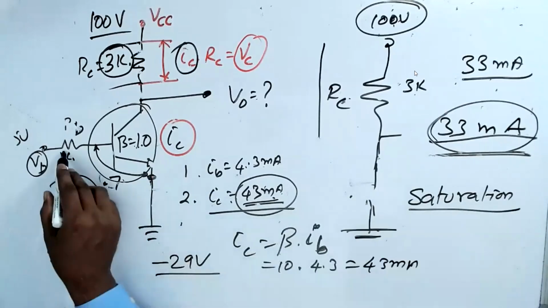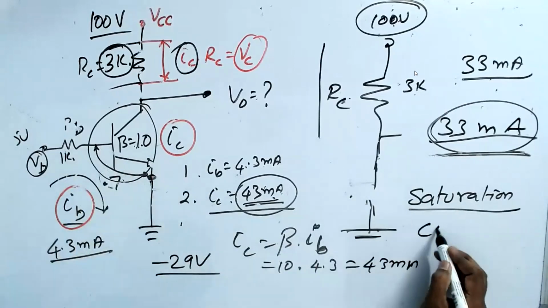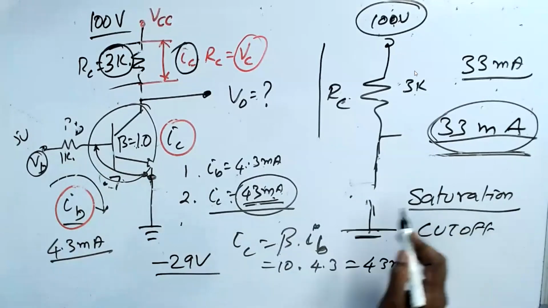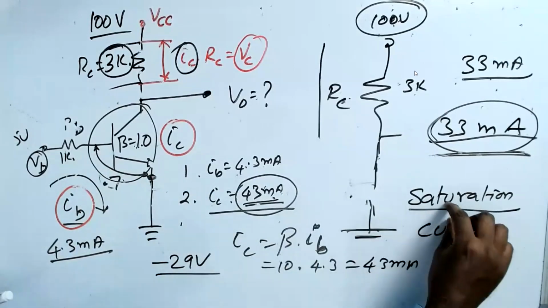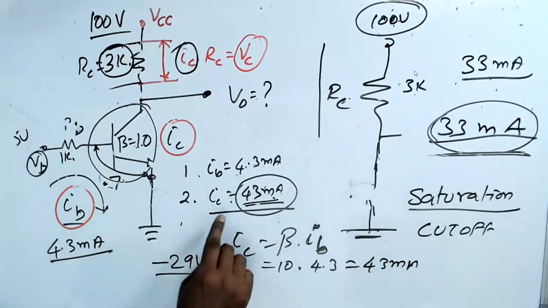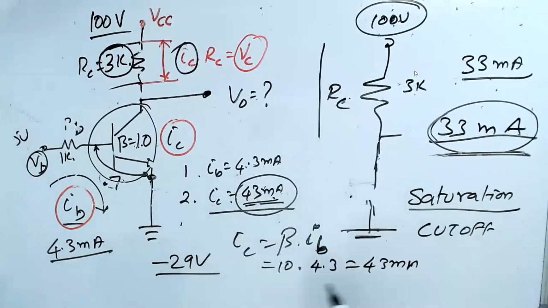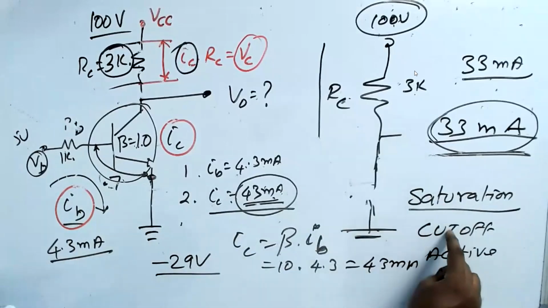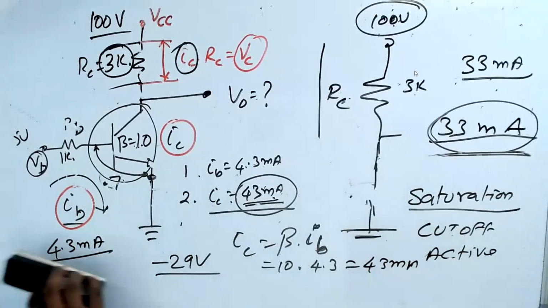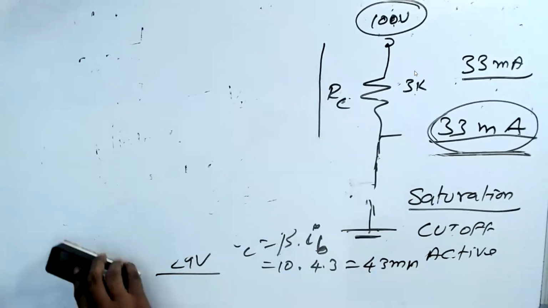And before 0.7, that is called cutoff. And during this period, when the beta is active, that is called active. So the transistor has three regions: saturation, cutoff, and active. I'll explain that to you now.